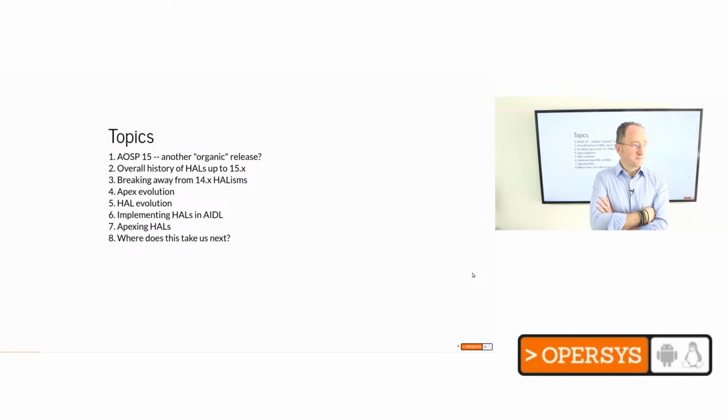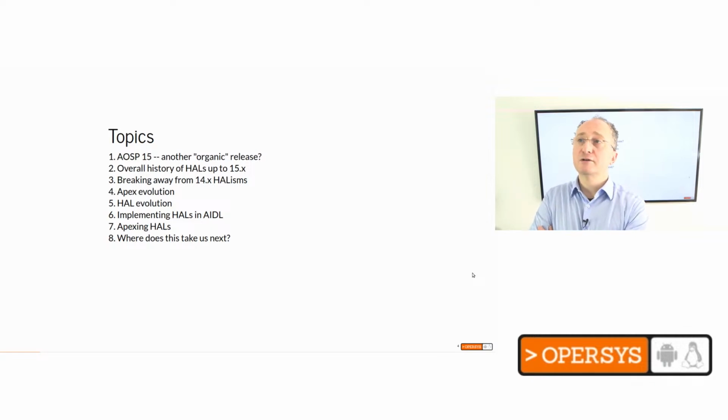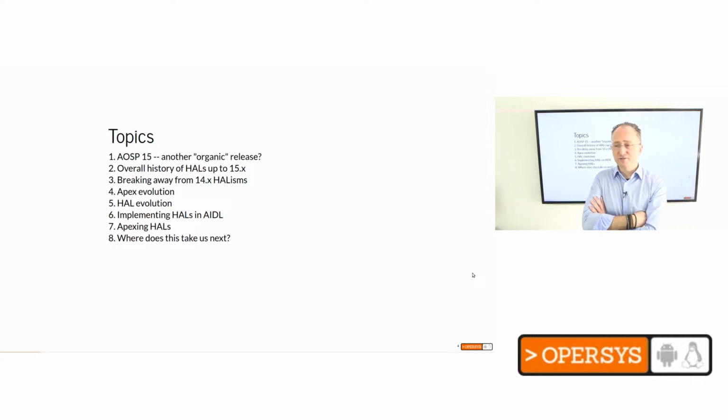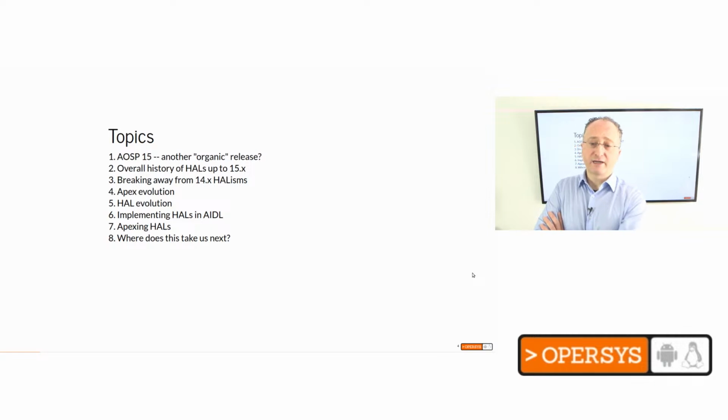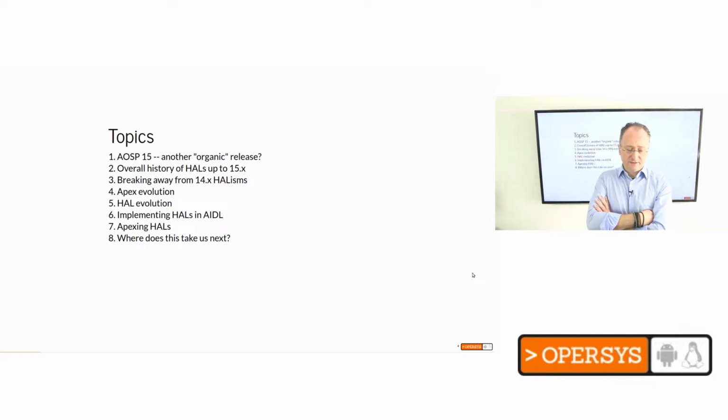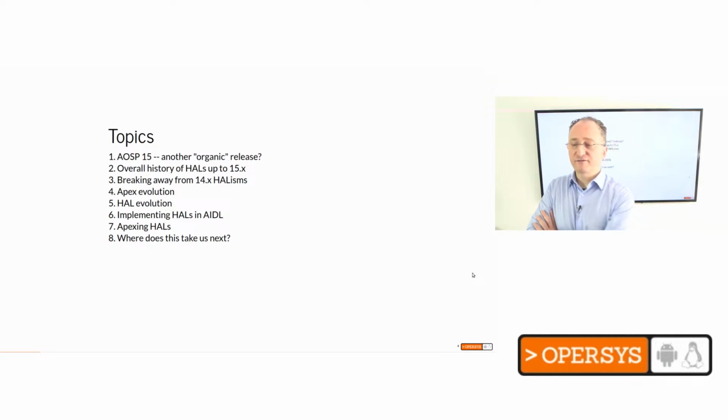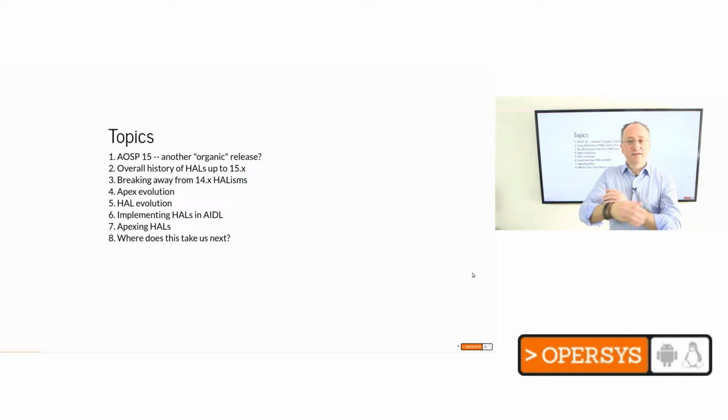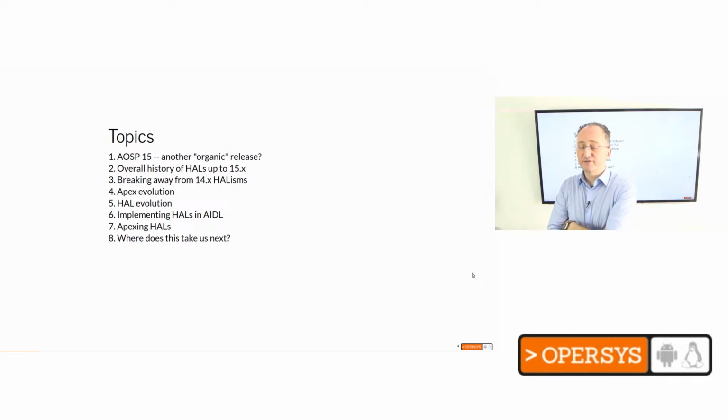Another thing that I'd like to do a bit, and we'll see how the time goes, is to give you a bit of a code walkthrough of how to actually write HALs using AIDL. A couple of years back, I had done a live stream comparing how HALs were done in the old style library model, and then how we evolved into the HIDL HALs afterwards with the introduction of Treble. And the AIDL stuff is not new by any means. It's been there since about 11.